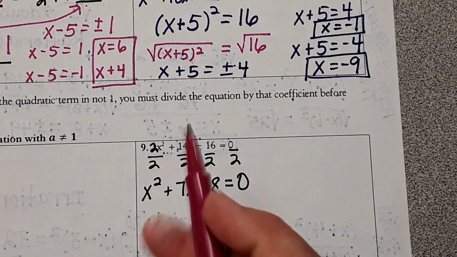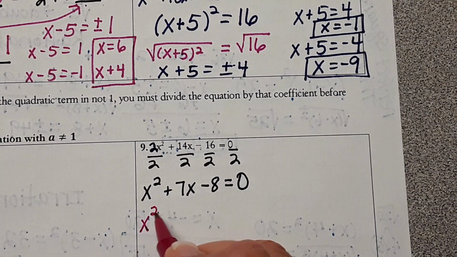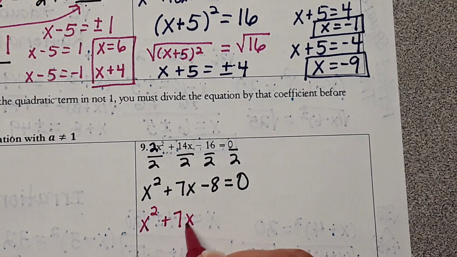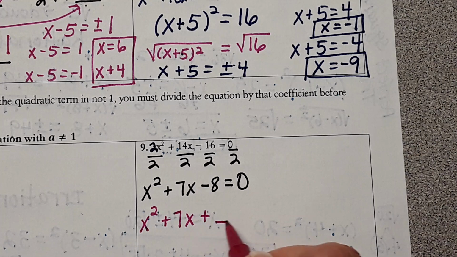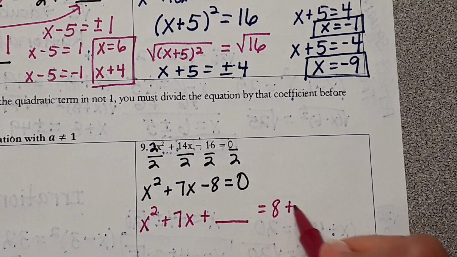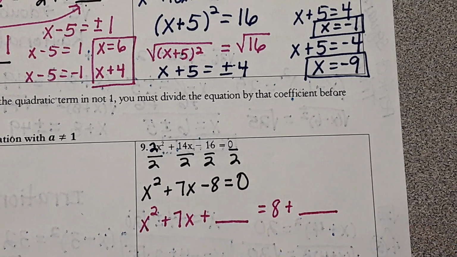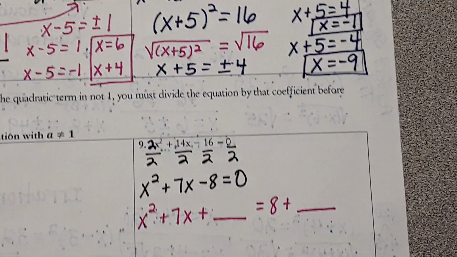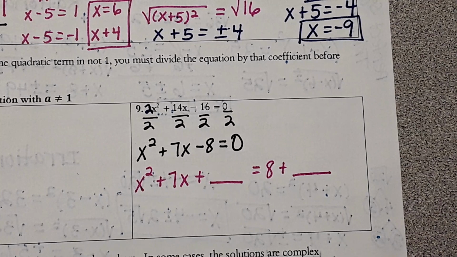So I'm going to have a new equation. x squared plus 7x plus a blank equals 8 plus a blank. Well, same thing, okay? We have to do the same thing. It's just that b is not an even number, right?